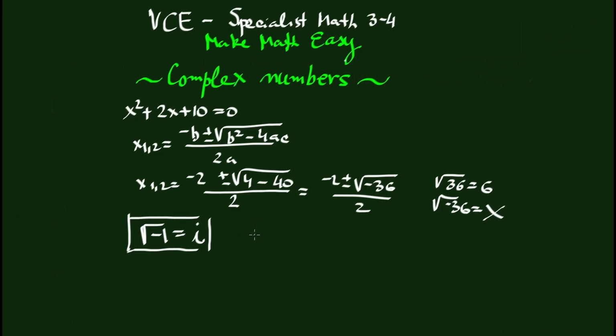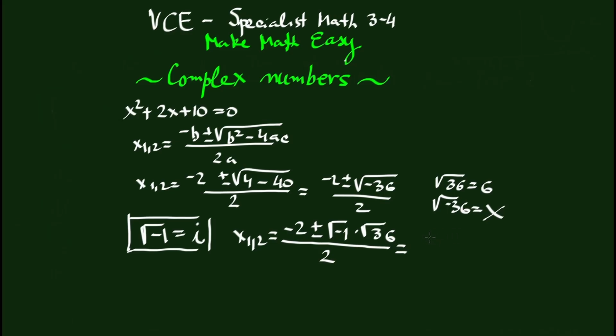So that becomes x1, 2 becomes minus 2 plus minus square root of minus 1 times square root of 36, divided by 2a.